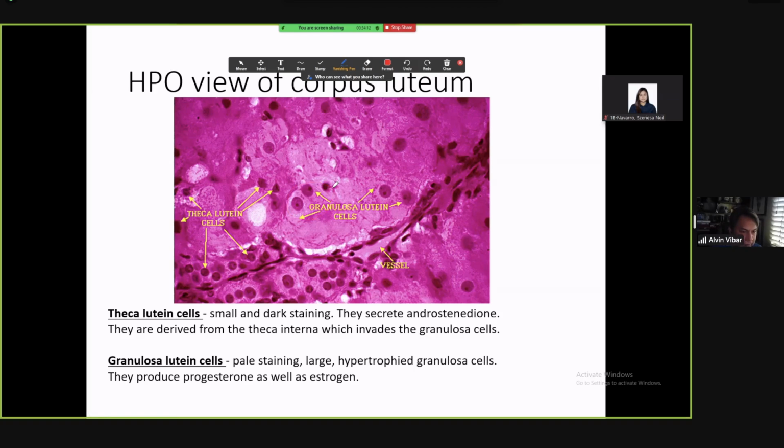Clear po? Yes po. Okay, the theca lutein cells will secrete androstenedione, while granulosa lutein cells will secrete estrogen and progesterone. I think this was mentioned already during your histology of the endocrine system. So again, after ovulation, the mature Graafian follicle is transformed into a corpus luteum.